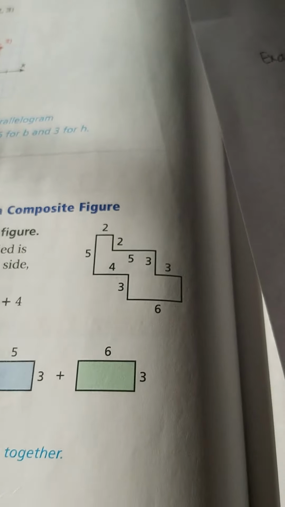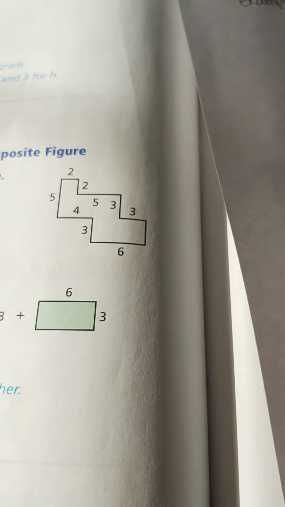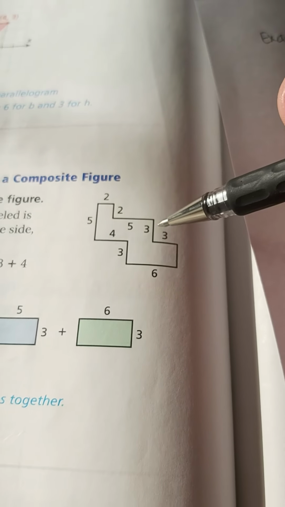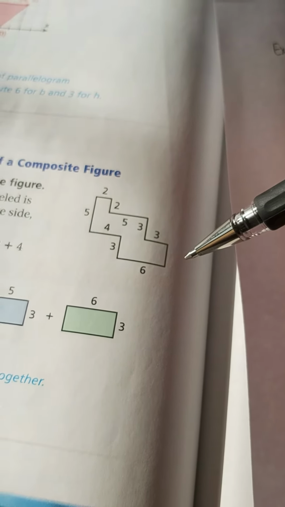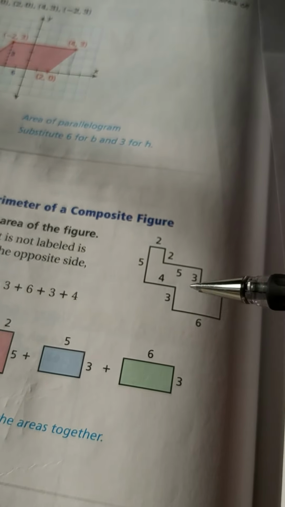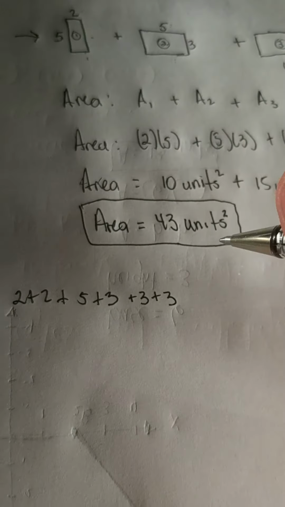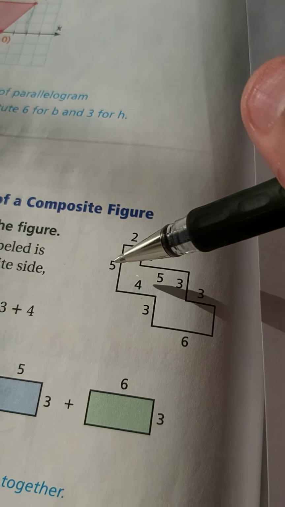So let's add all the sides. So perimeter equals 2 plus 2 plus 5 plus 3 plus 3 plus, what would be this height? 3, plus 6 plus 3 plus 4 plus 5.